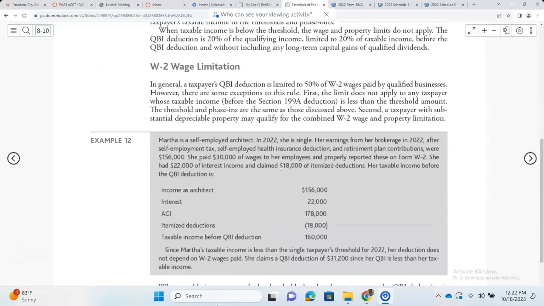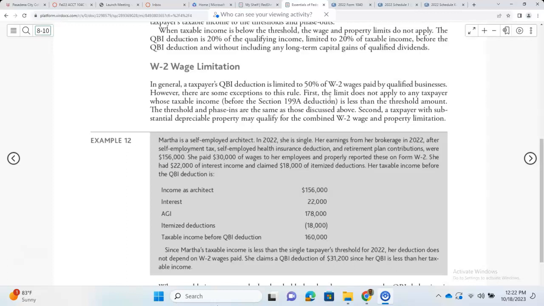Also, QBI has a limitation, which is the W-2 limitation. In general, a taxpayer's QBI deduction is limited to 50% of W-2 wages paid by qualified businesses. However, there are some exceptions to this rule. First, the limit does not apply to any taxpayer whose taxable income before the Section 199A deduction, which is QBI.